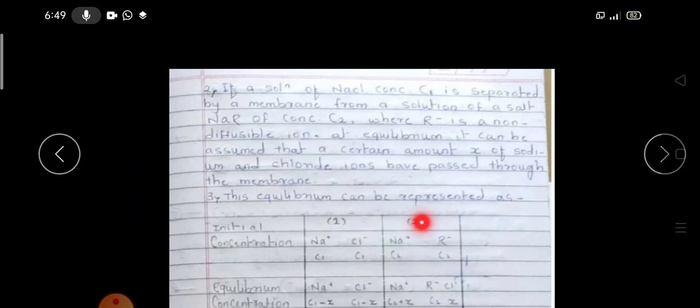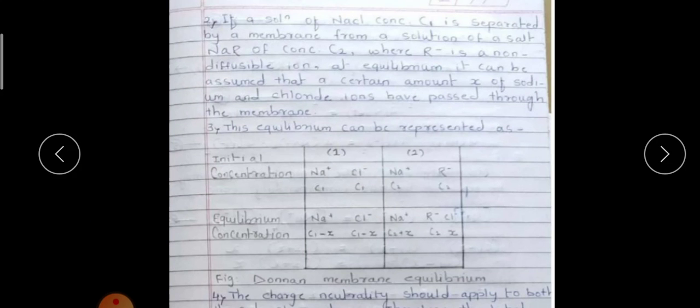Here it is shown that a solution of NaCl having concentration C1 is separated by the membrane from a solution of a salt NaR of concentration C2, where R is a non-diffusible ion. At equilibrium it can be assumed that a certain amount X of sodium and chloride ions have passed through the membrane.